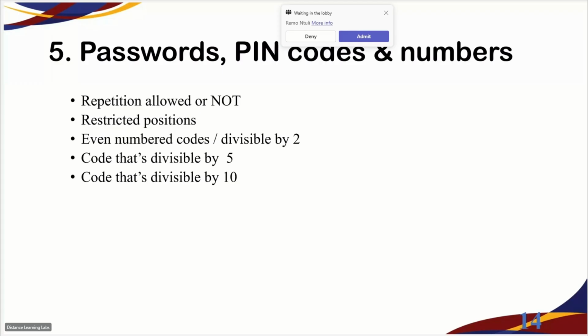The third bullet, even numbered codes. This is now a restriction. Even numbered codes are codes that are divisible by 2.